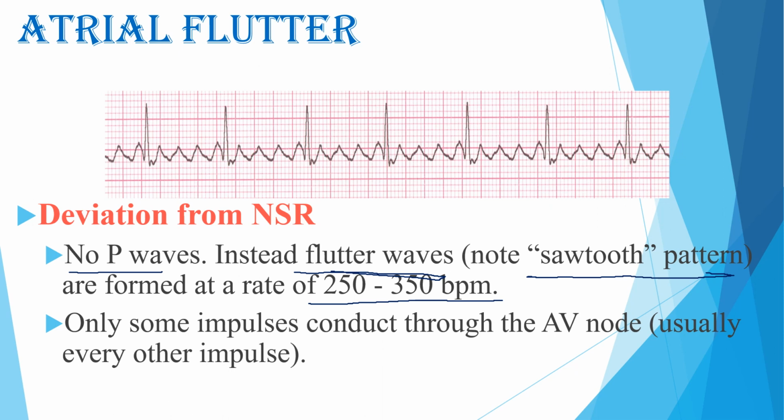So when you see the ECG, it shows there is no regular P wave. Instead, the waves are called flutter waves, something that looks like a sawtooth. The rate is 250 to 350 beats per minute. Only some impulses conduct through the AV node.